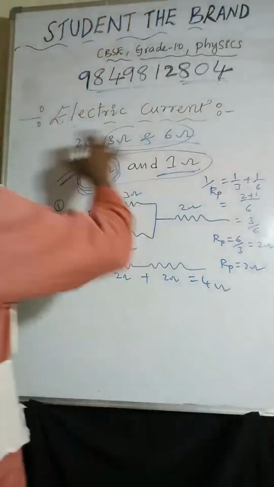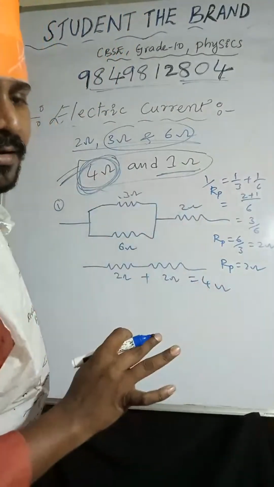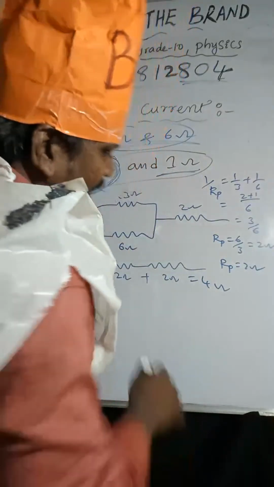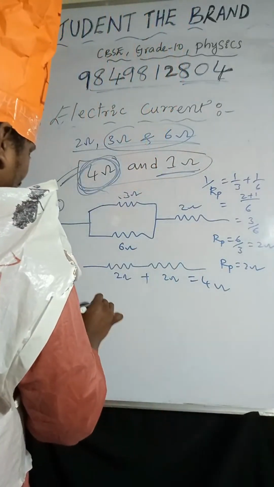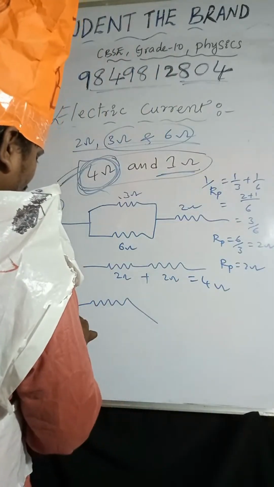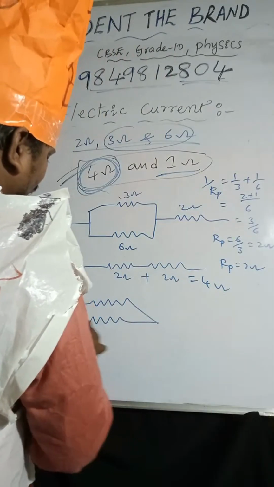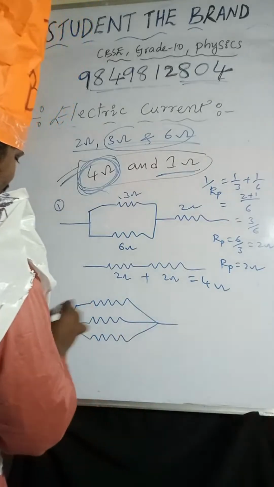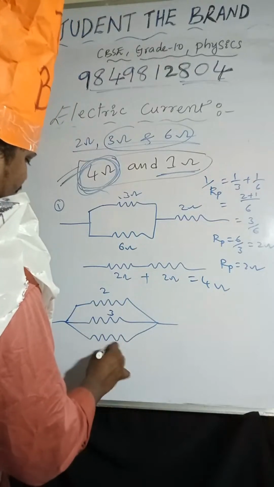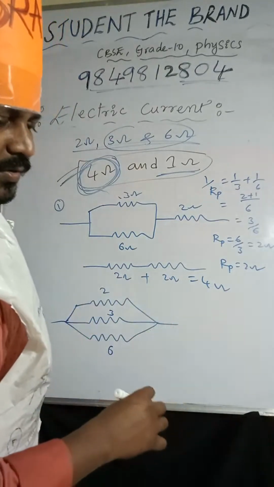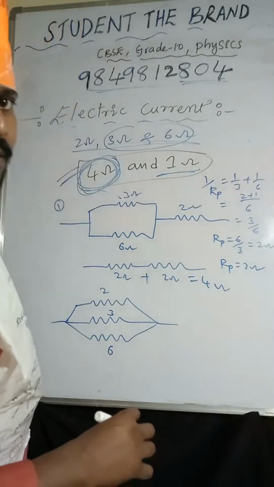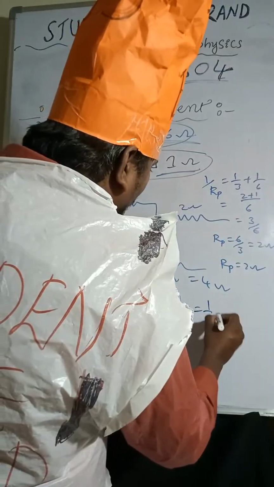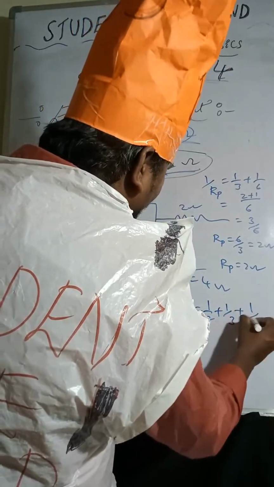How to get it? So connect all these three resistors in parallel combination. 2, 3, 6 are in parallel combination. So 1 by Rp equal to 1 by 2 plus 1 by 3 plus 1 by 6.